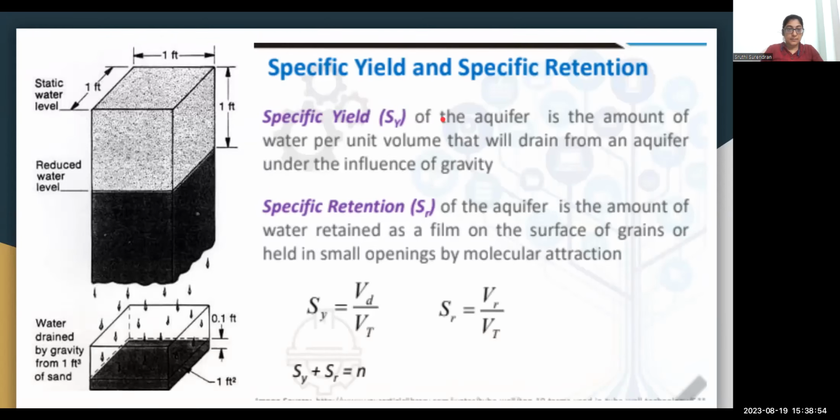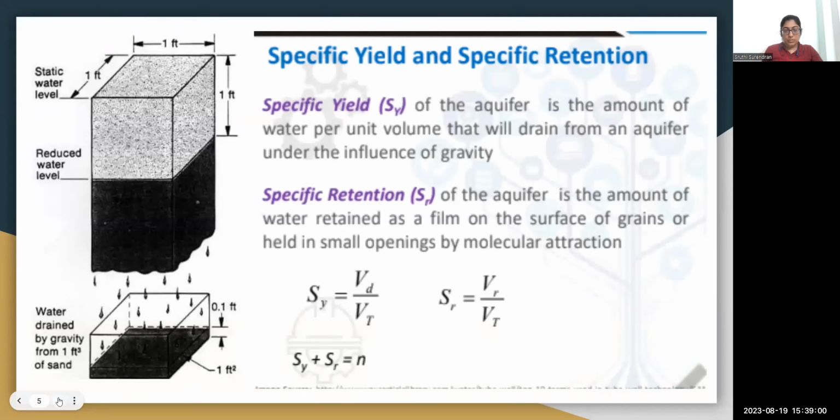Okay, right. So specific yield is the amount of water that is drained from a unit volume of an aquifer under the influence of gravity. A pictorial representation for that is this. If you take one unit volume of an aquifer and see how much water is coming out of it under the influence of gravity, that amount of water is called the specific yield.